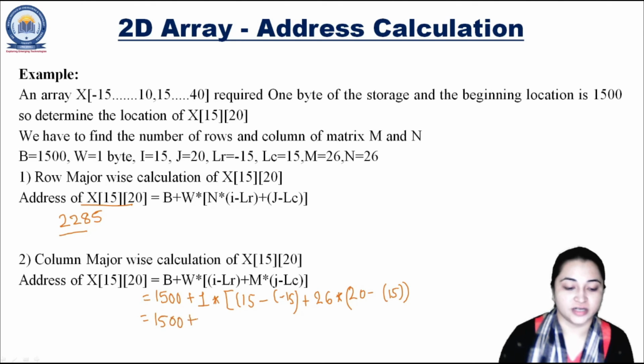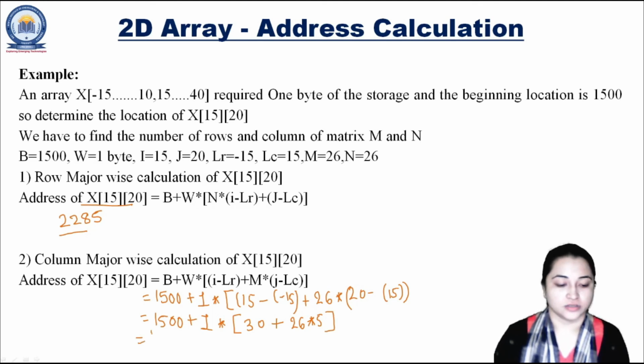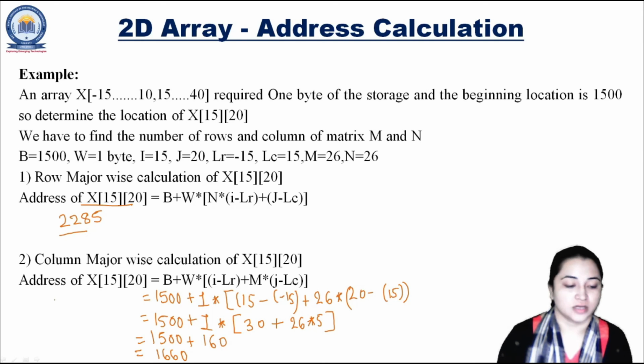So this is 1500 plus 1 into this is 30, plus this is 26 into 5. So this would be 1500 plus 30 plus 130, and 30 plus 130 would be 160. So the final answer would be 1660. So the answer in column major calculation is 1660.